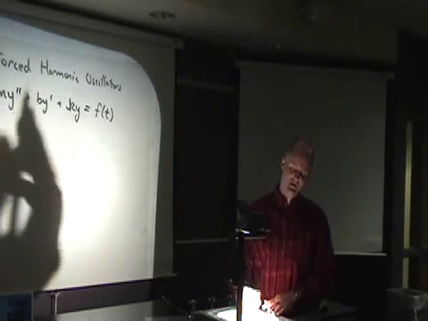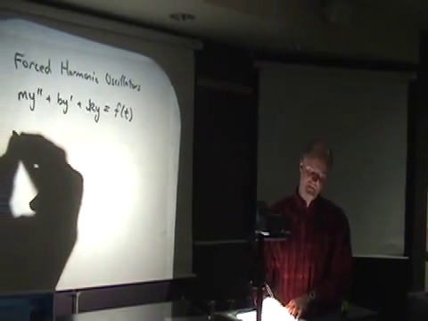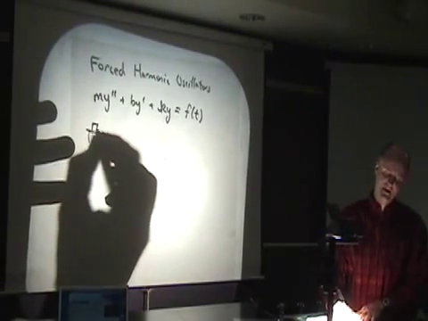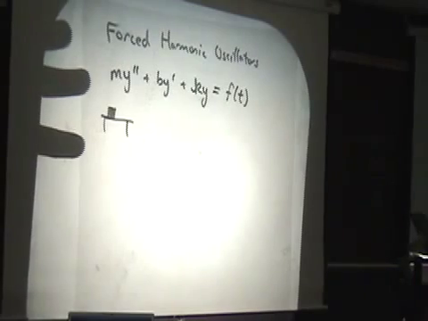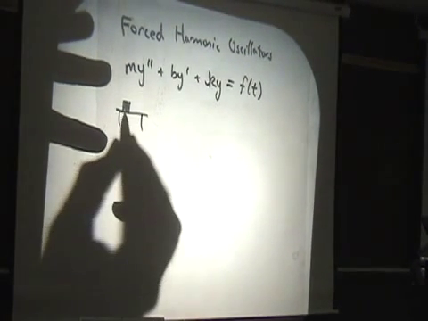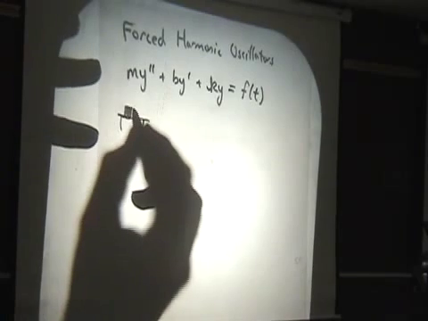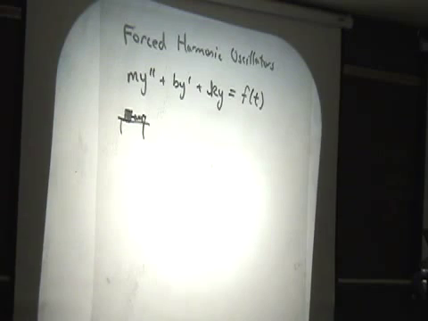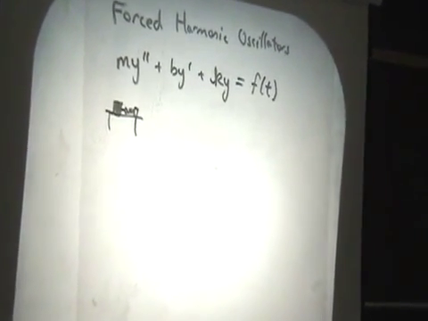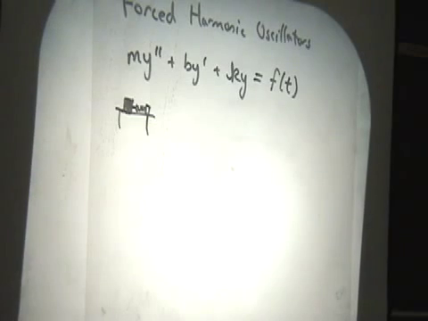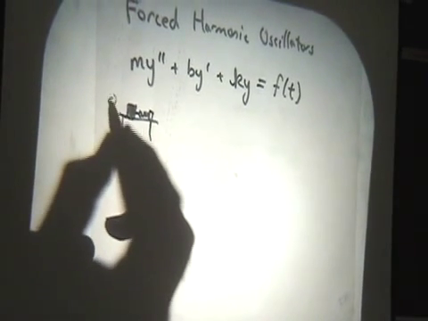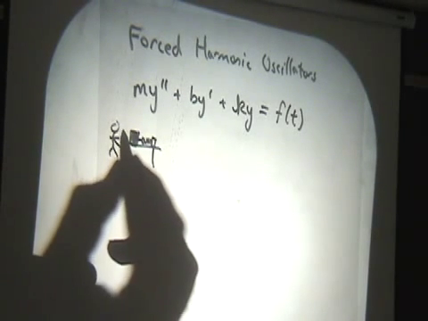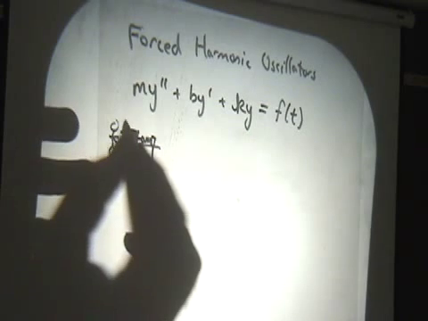Here's another way you can try to visualize it. You can imagine perhaps a table, and you've got some very heavy thing that's attached to the table and it's immovable, and then you've got a mass on a spring attached to that heavy, immovable thing on the table. You let the mass on the spring start going, and then you come over here, here's you, and you start moving this table up and down.